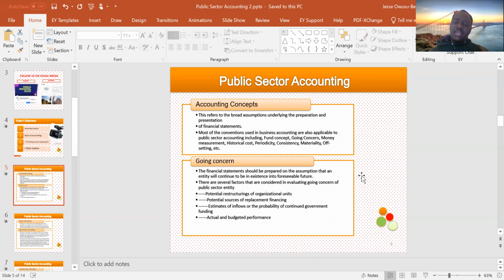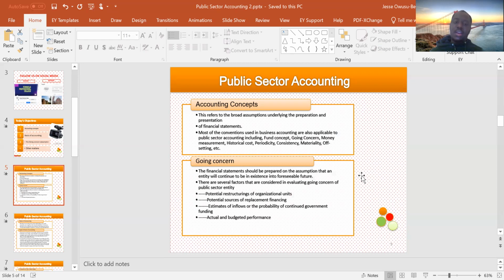That's the kind of assumption that goes into the preparation of the financial statement. Otherwise, there'll be no preparation of the financial statement. If you think the company is going to collapse, why prepare financial statements? But the going concern assumption focuses on the fact that companies will be in existence into the foreseeable future.